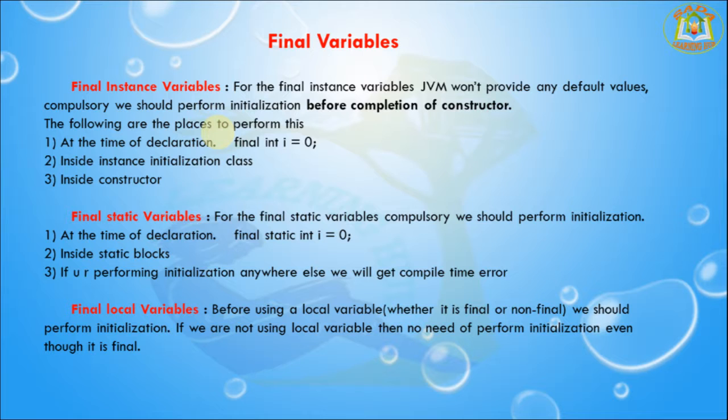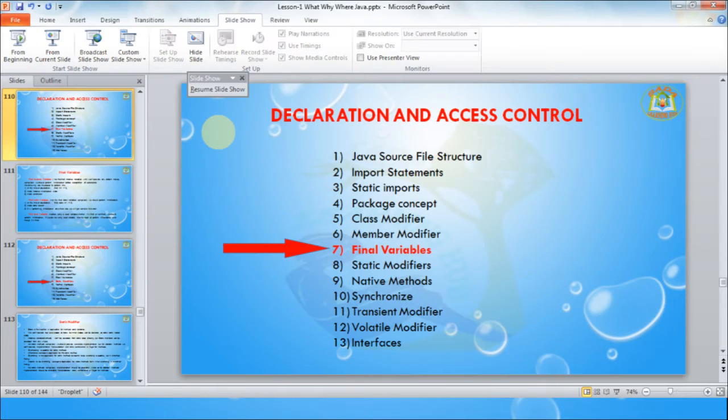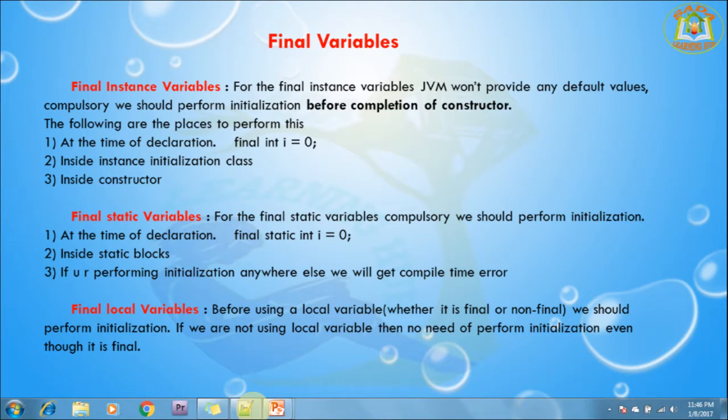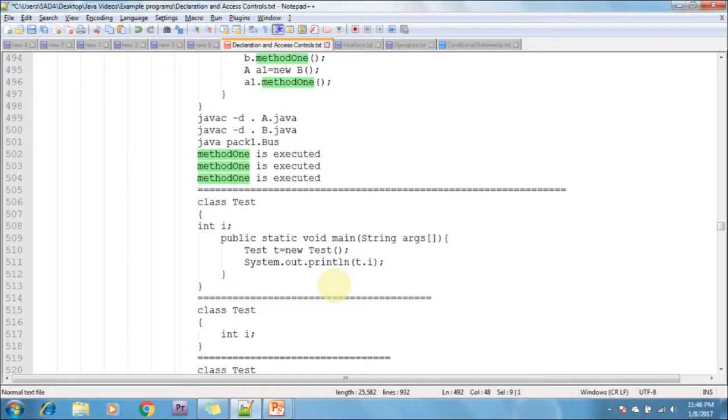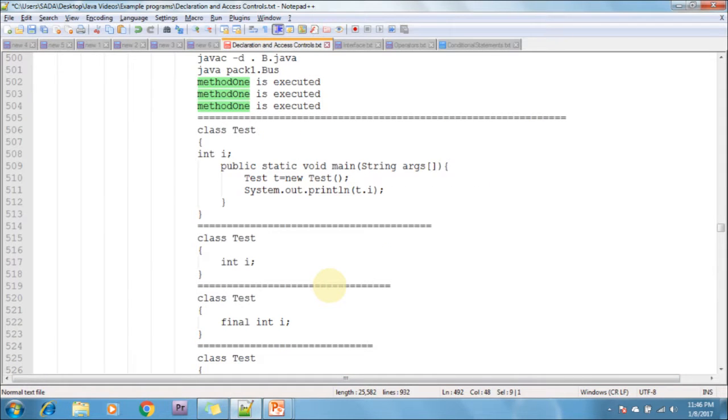For the instance variables, it is not required to perform the initialization explicitly. JVM will always provide the default values. Now, I can show you one example. I'm creating a class Test.